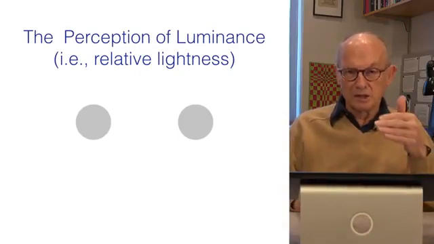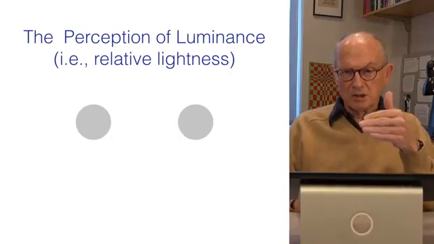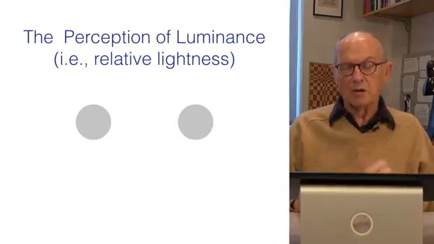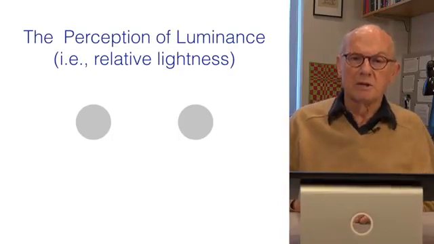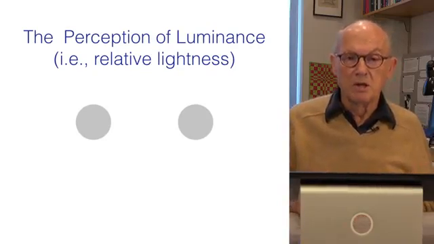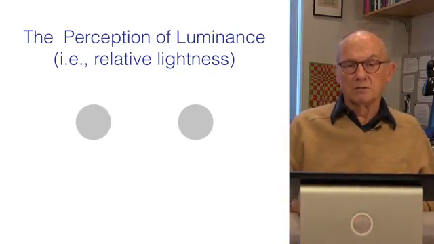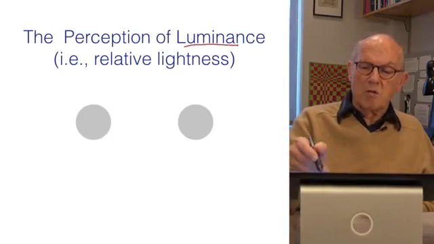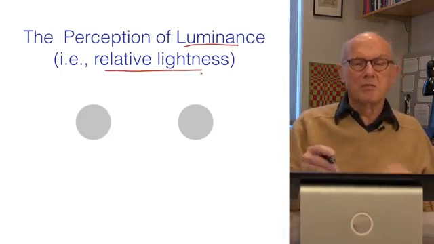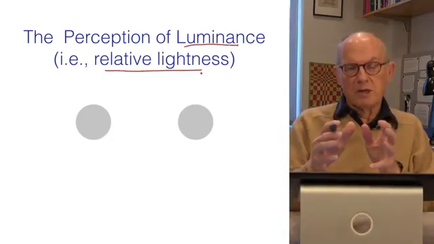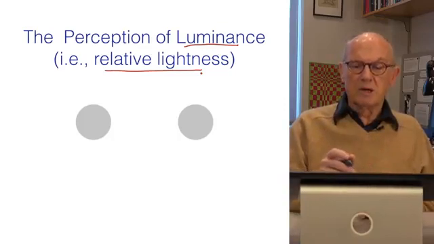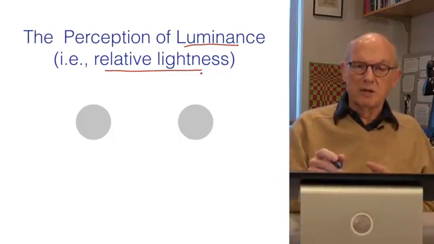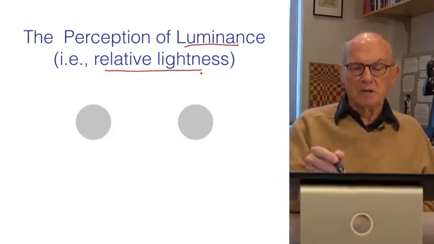When we see an intensity of light, we judge it to be light or dark, lighter or darker, and those subjective impressions are the psychophysical correspondences of the physical luminance. So always there's a physical parameter and a psychophysical parameter, and in this case we're talking about the physical parameter of luminance and the psychophysical parameter of lightness.